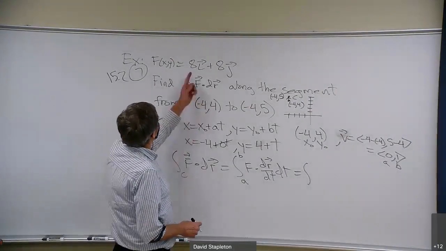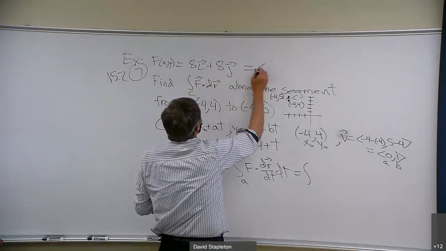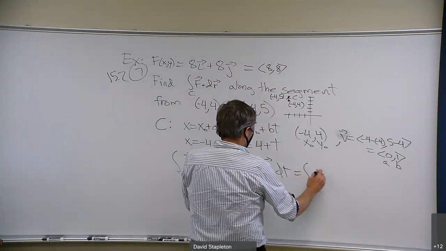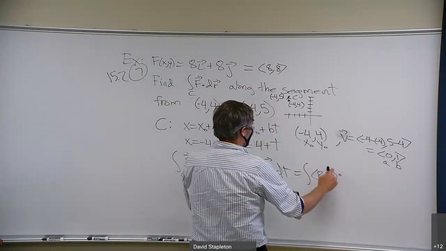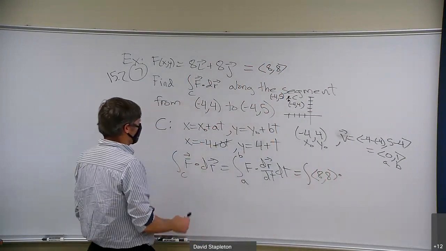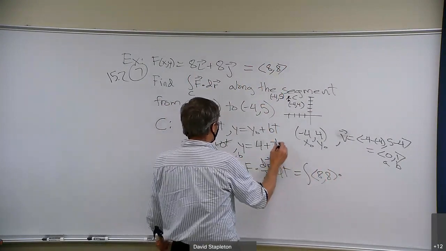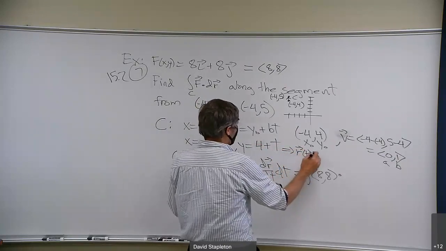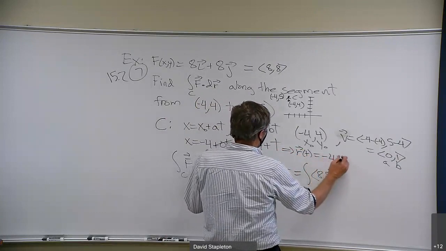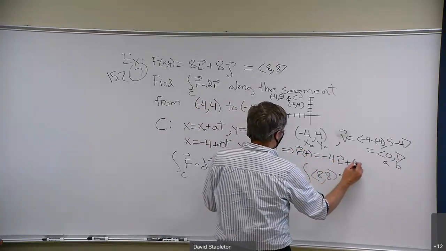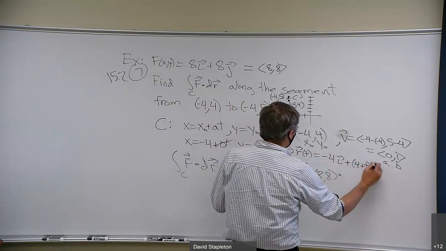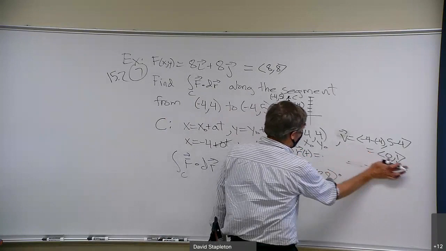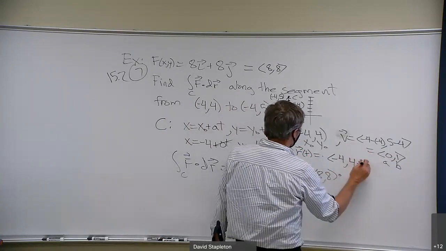And now f is this vector 8, 8. We can also write it in this form, 8, 8. And so this is 8, 8, just to use the same notation on both, dot. What is dr dt? R is the vector that has these components, right? So if this is the parametric equations, R of t is x of t I plus y of t j, which is -4 I plus (4 plus t) j. That's R. Basically write it in the other form, 4 plus t are its components.